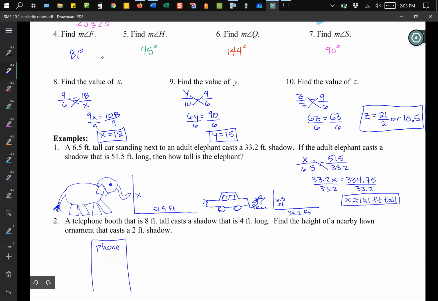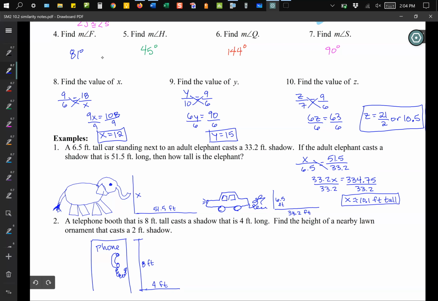I'll label it. And on the wall, it had a phone, one of those weird ones with a cord that hooked it to the wall. That's beautiful. Okay, the phone booth is 8 feet tall. And its shadow, we're really interested in shadows today for some reason, is 4 feet long.